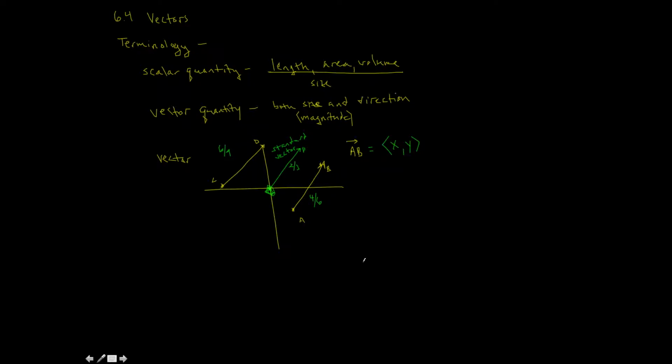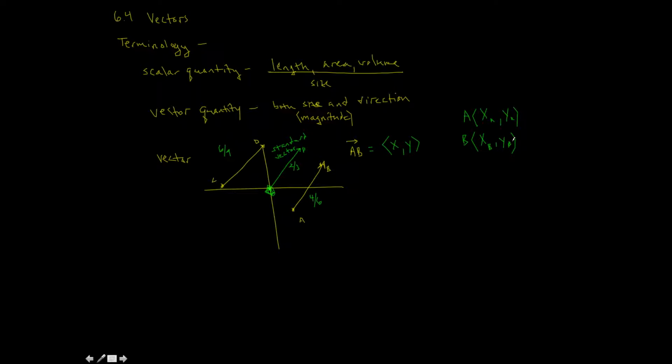Now, how do we get x and y? Well, for instance, if point A is the point x sub A, y sub A, and point B is the point x sub B, y sub B. So these are just two different points here, okay?